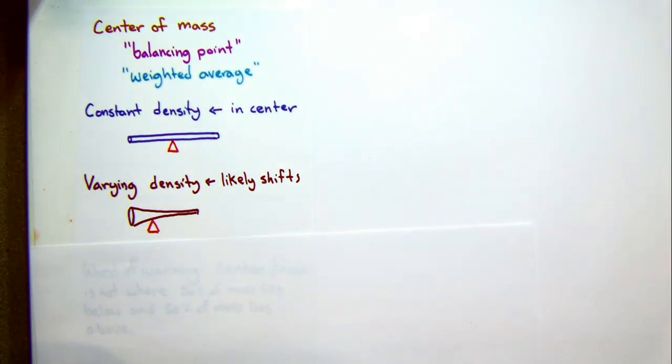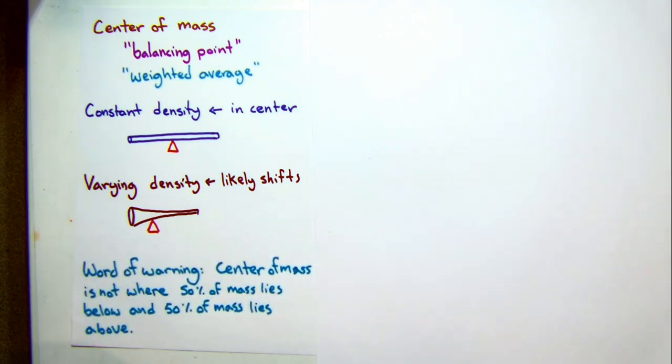All right. Now, I have a word of warning here. When we talk about center of mass, you might say, okay, the center of mass, that's the point where half of the mass is below and half of the mass is above, which is a very reasonable way to think about center of mass. It's like, where's the dividing line? Half above and half below.